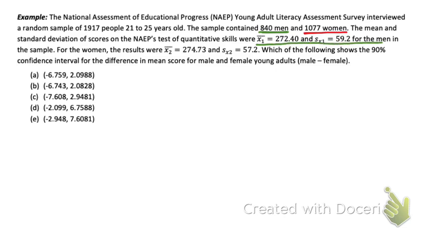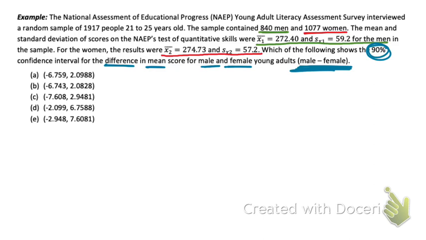So there's the men's data in the sample. For the women, the results were x̄2 = 274.73 and s_x2 = 57.2. Which of the following gives the 90% confidence interval for the difference in the mean score, male minus female?